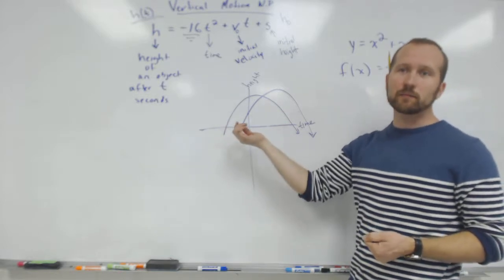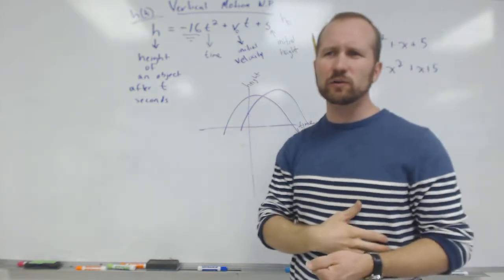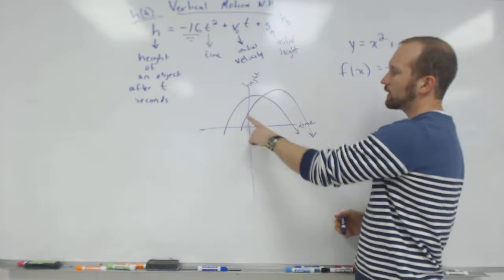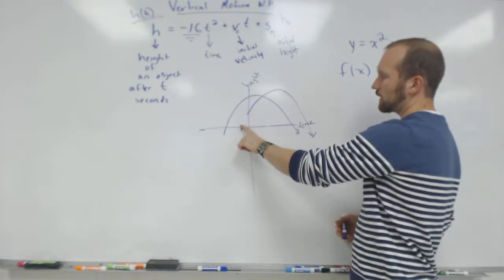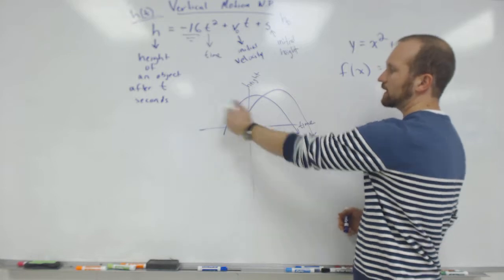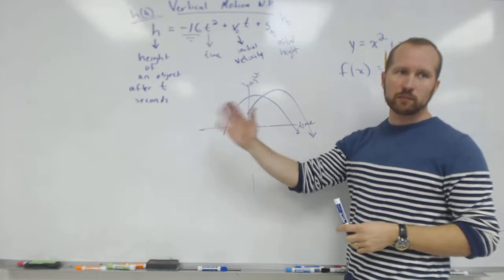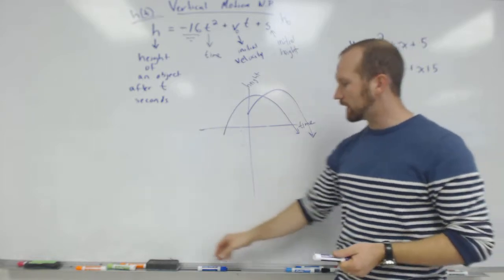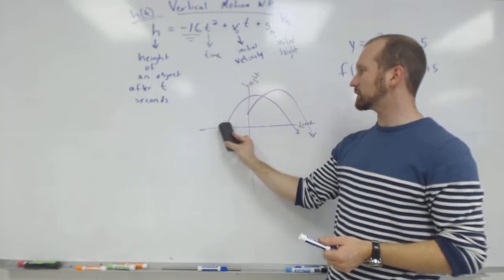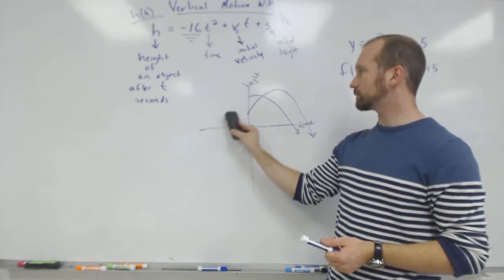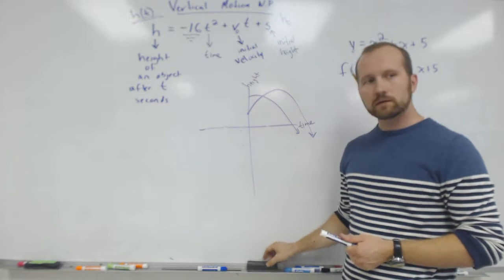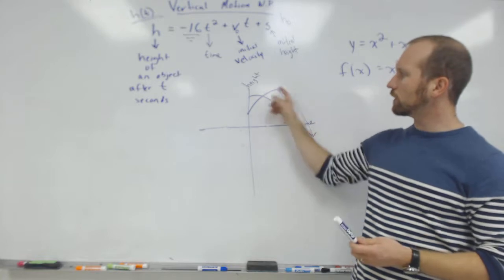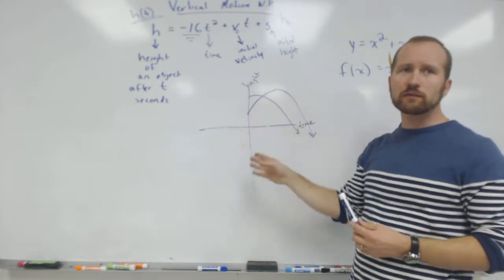Time is negative, but then if you think about how would that apply in the real world, it doesn't, right? So even though our parabola mathematically might look like this, in the real world it looks something like this. We wouldn't count the negative time parts of that parabola. So often you're going to get 2 answers, and you have to eliminate the negative answer because it doesn't make any sense to have a negative amount of time.